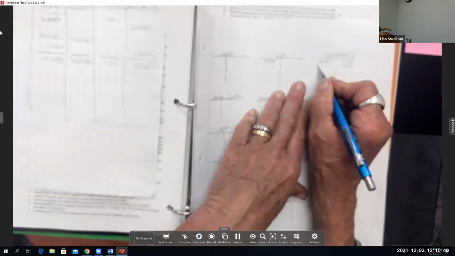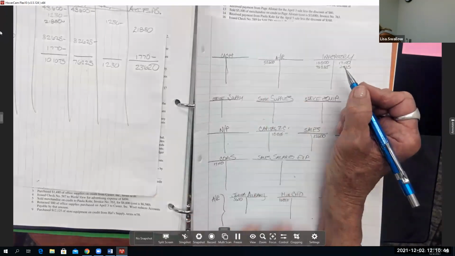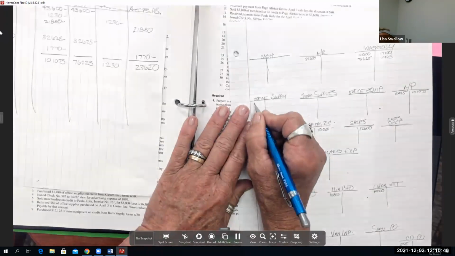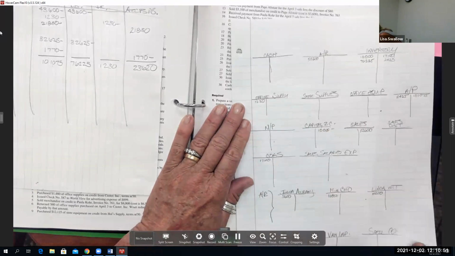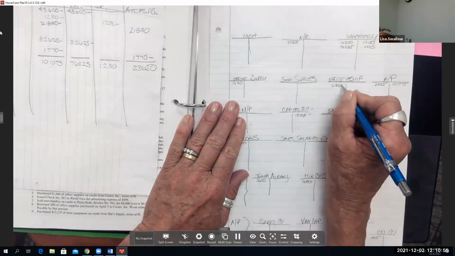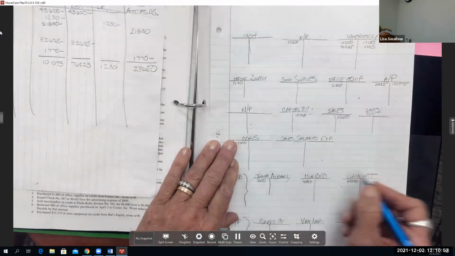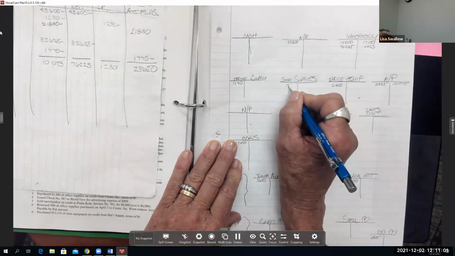Inventory. Office supplies. Office equipment and 1770 the store supplies.